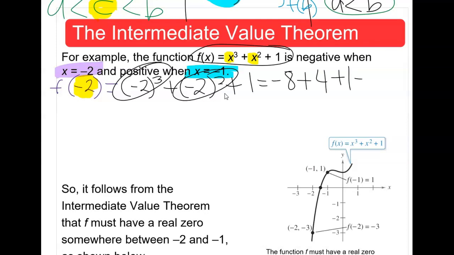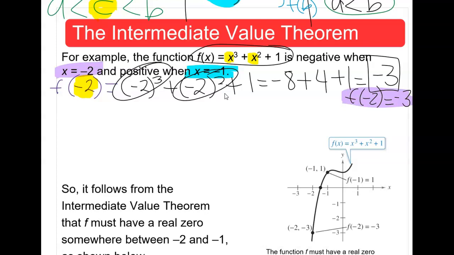So -8 plus 4 is -4, plus 1 is -3. So what does it mean? That f of -2 is negative. Let's not forget that.